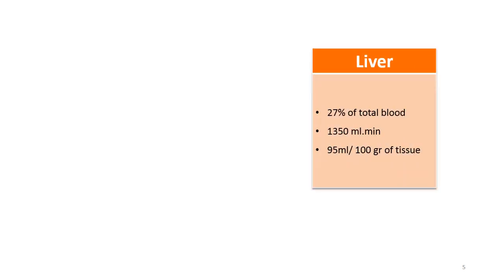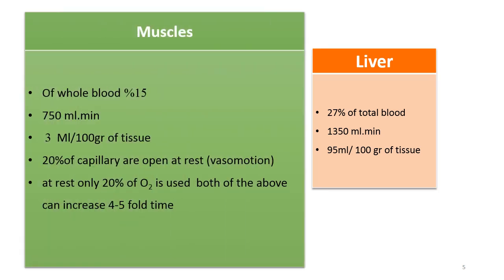The liver has 27% of total blood, and about 1,350 milliliters per minute of blood is circulating in the liver. In other words, 95 milliliters per 100 grams of liver has blood flow. And in the muscle, only about 15% of blood is circulating, and 750 milliliters per minute is the blood flow in the muscle.